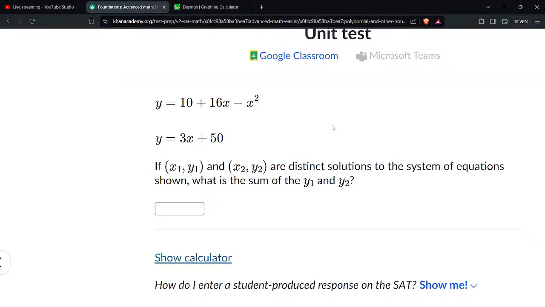We have 8, comma 5. So we got 3 times 8 plus 50, 74, plus 3 times 5 plus 50, 65. 65 plus 74, we got 139.